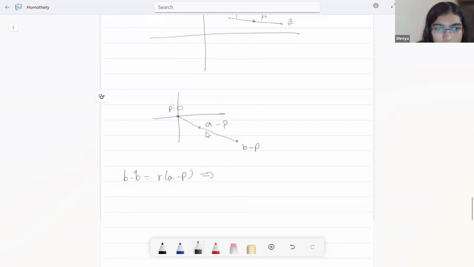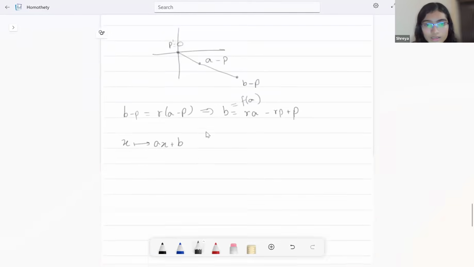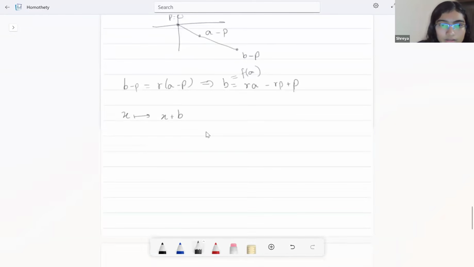So this just gives us that B is equal to RA minus RP plus P. B is f of A, the image of A. So more generally, a homothety is a function which sends x to a linear function, with R being a real number. This is the ratio of the homothety.